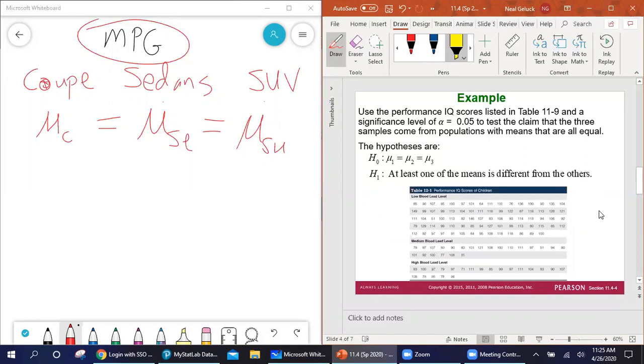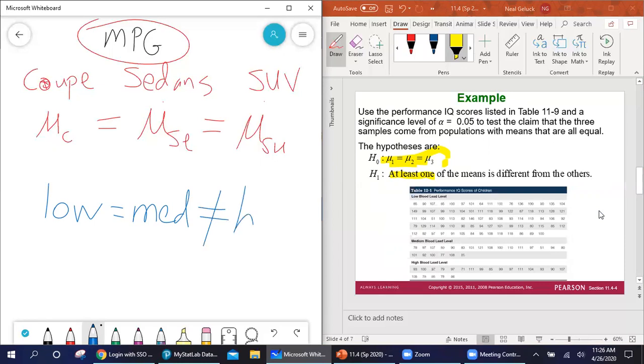One thing that's important with the ANOVA test: the null is that they're all the same, but the alternative is not that they are all different, it's just that at least one is different. So it could be that the low average does equal the medium average, but as long as one of them is not the same, maybe those don't equal the high average. So it's not that they all have to be different, just one has to be different.